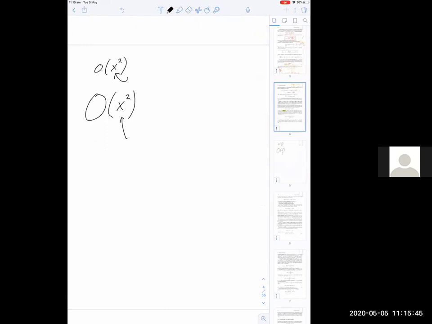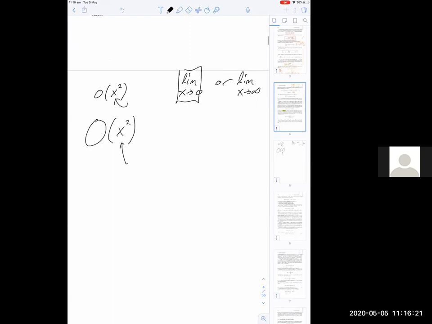You have to say what you are speaking about: the limit of x going to 0, or the limit of x going to infinity. In computer science, you often speak about x going to infinity because you want to speak about problem sizes going large. Here we're speaking about the limit x going to 0.